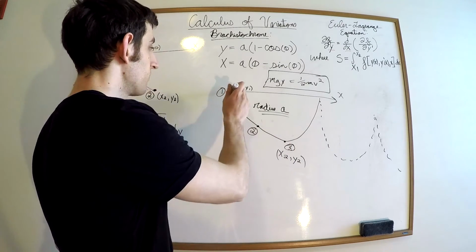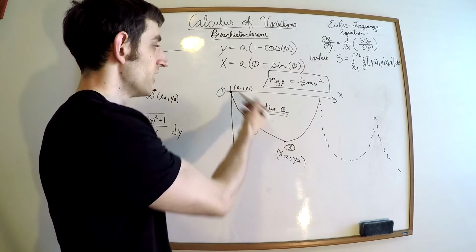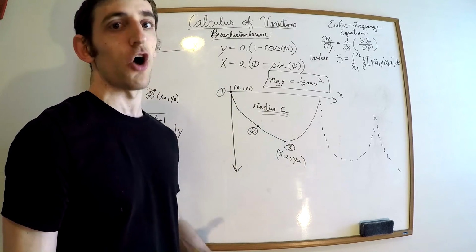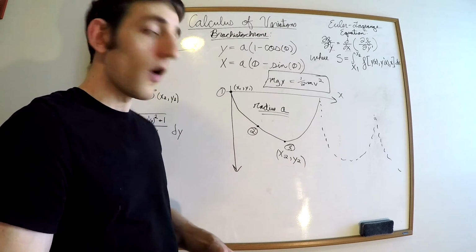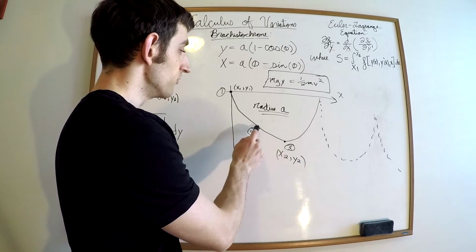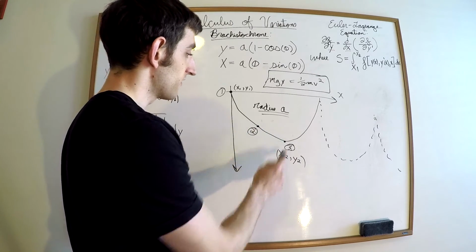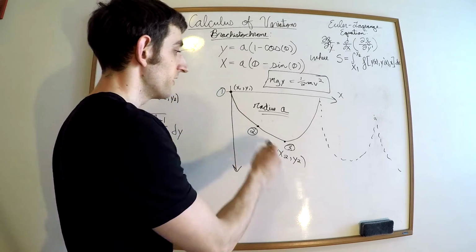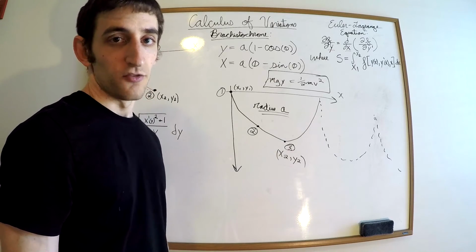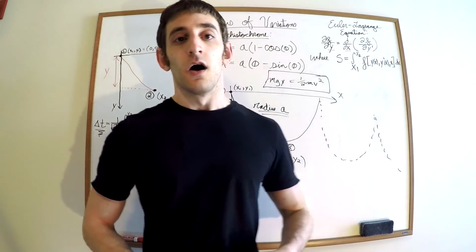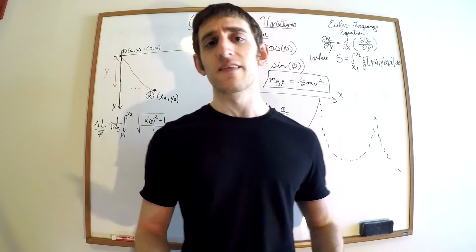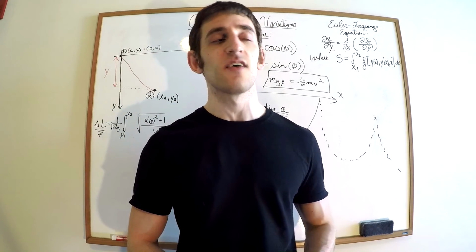Similarly, if you start up here, you're going to have a long path to traverse, but the velocity down here is going to be much larger, so that compensates for the difference, right? And it just so happens that the time, if you release a particle from here for it to get to there, is the same as if you released a particle from here for it to get to here. Which is really, really interesting. But this wraps up our second, or I guess it's our third example for calculus of variations.